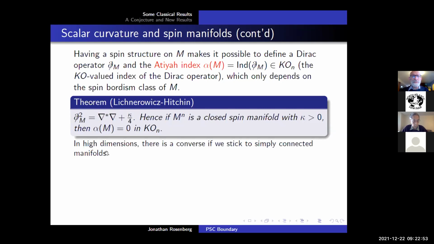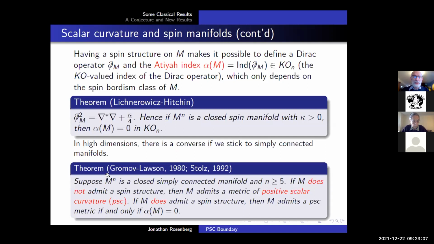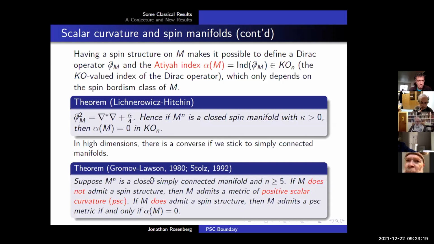Okay, now in high dimensions, there's a converse if you stick to simply connected manifolds, and that's where the story I want to talk about really begins. So this is a theorem due to Gromov and Lawson around 1980 with a refinement by Stolz in 1992.